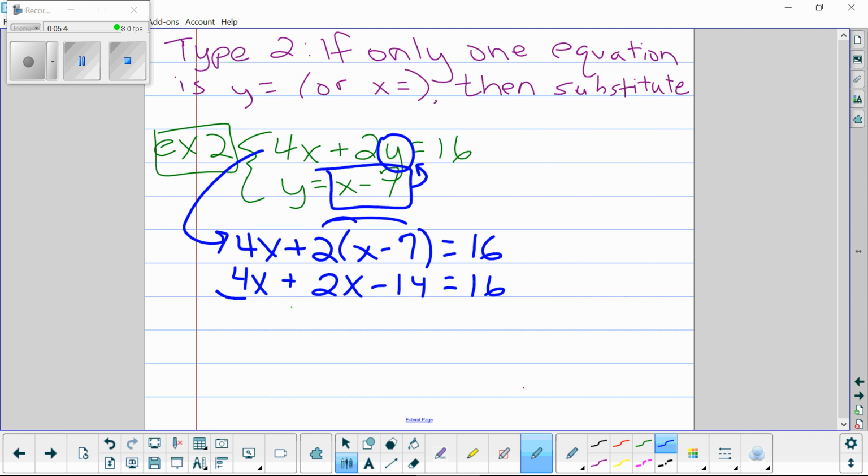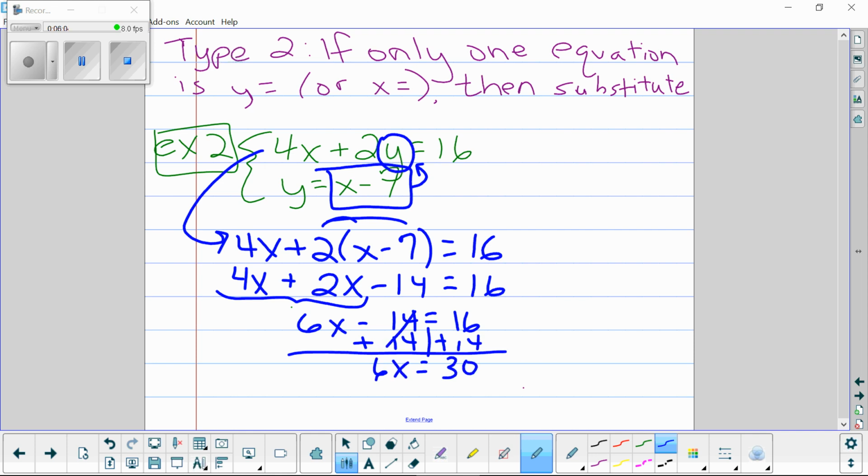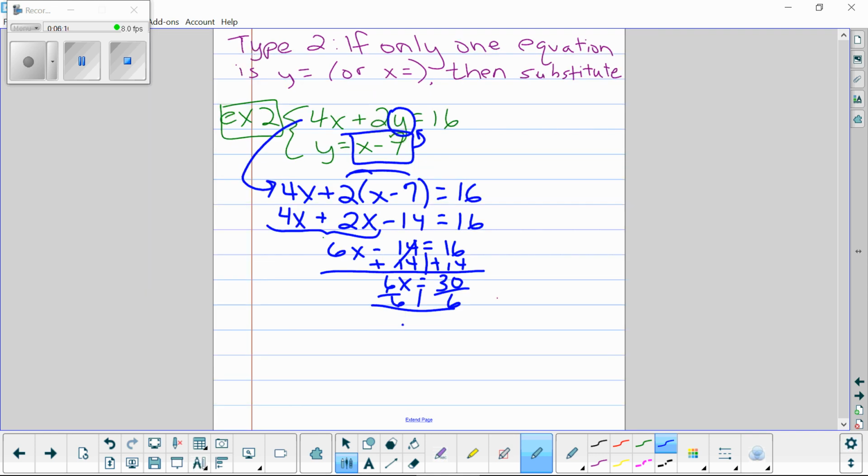And then now you can see that I have like terms that I need to combine. 4x plus 2x is 6x minus 14 equals 16. And then it's wall floor, add 14 to both sides. So that's 6x equals 30. And then one more wall floor, divide both sides by 6. So that x equals 5.